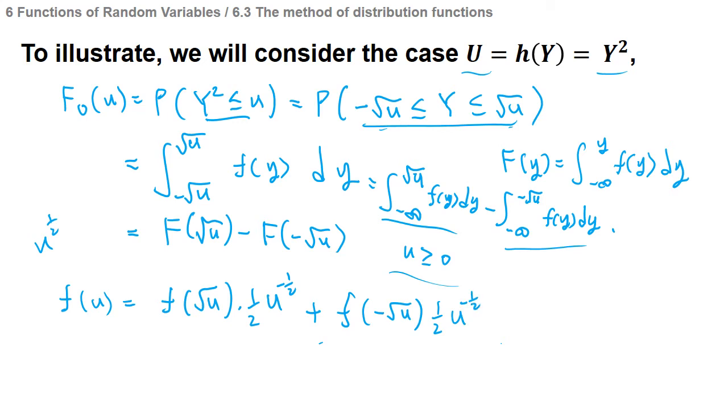Actually there is a minus, so this part cancels, and this part becomes plus. And here again u is greater than 0, and 0 otherwise.